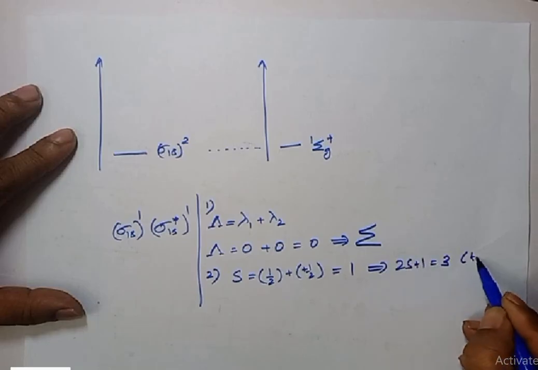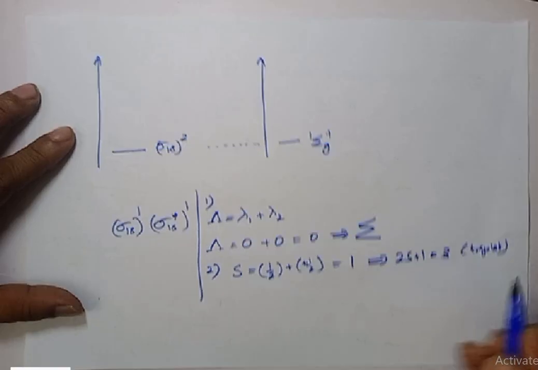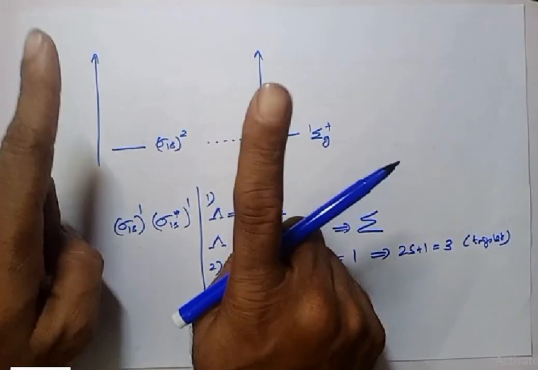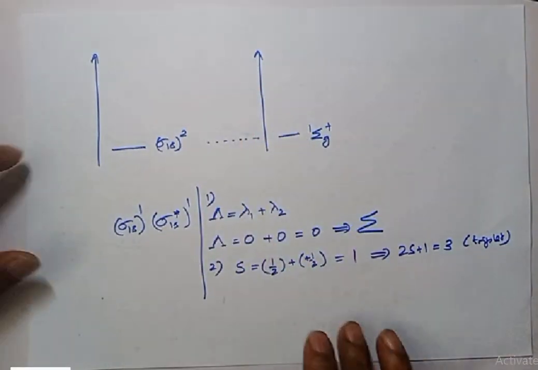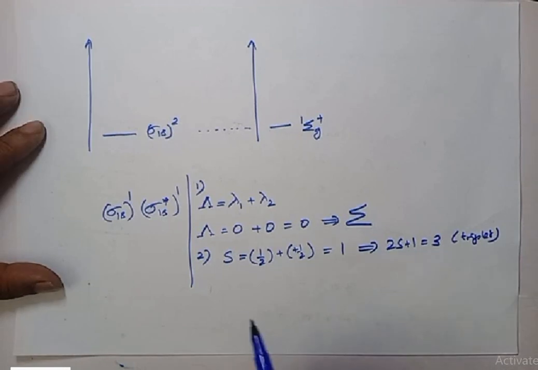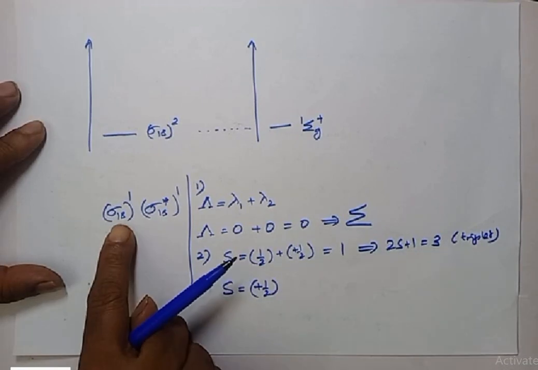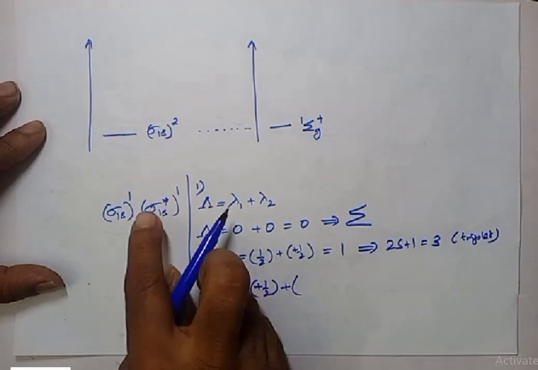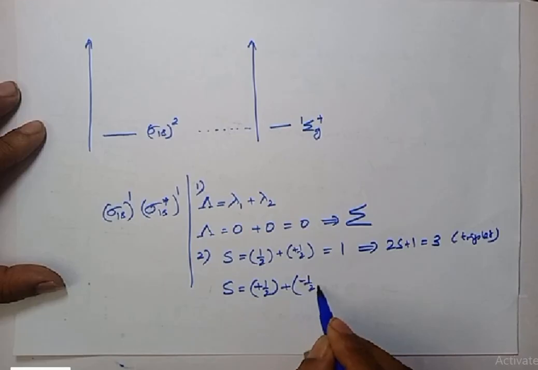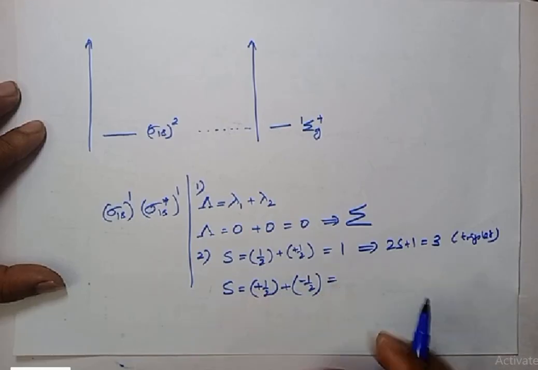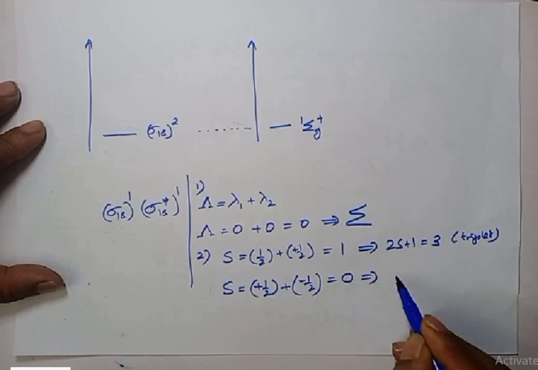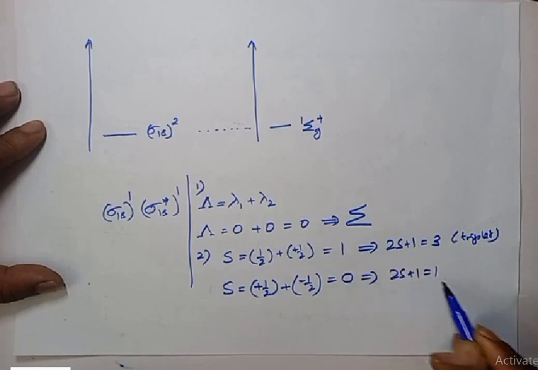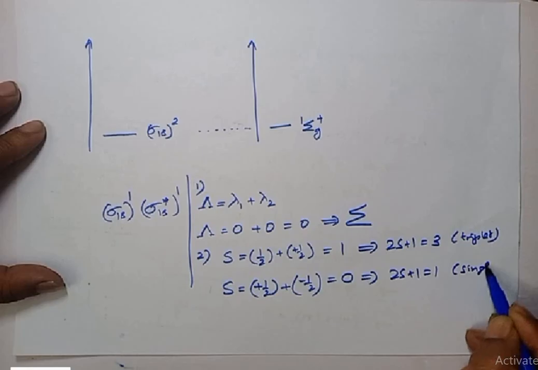So it is a triplet state. What is the other possibility? The electron in sigma bonding may have plus spin, and the electron in sigma anti-bonding may have minus spin. Then the total S value is 0, therefore 2S plus 1 equals 1. I will get a singlet state.